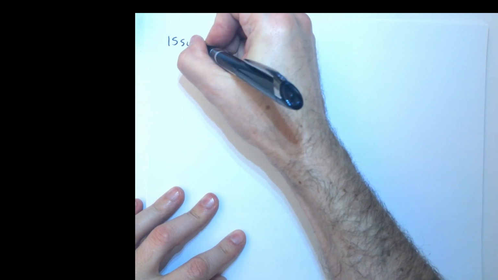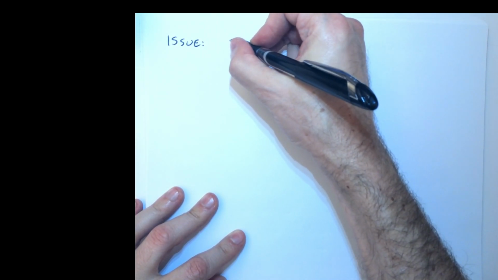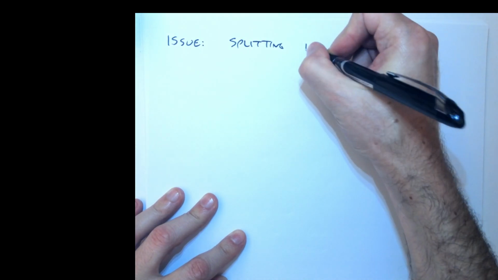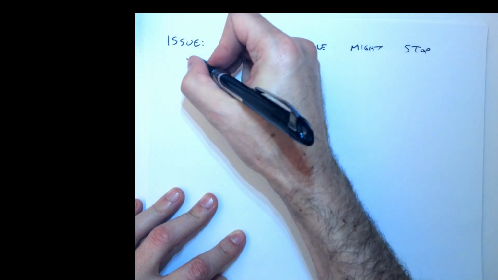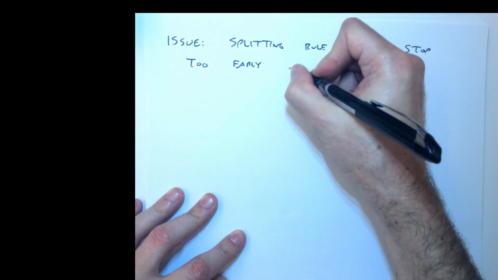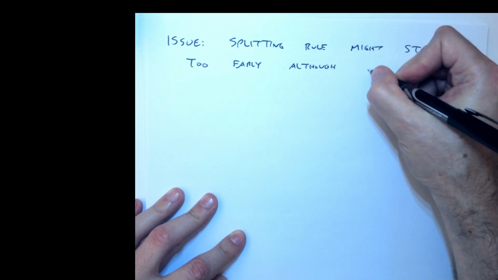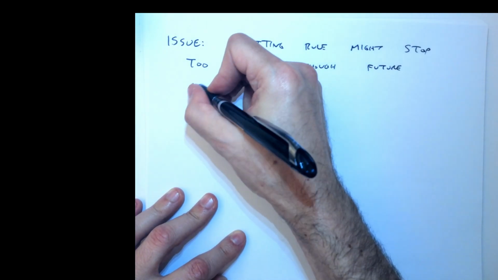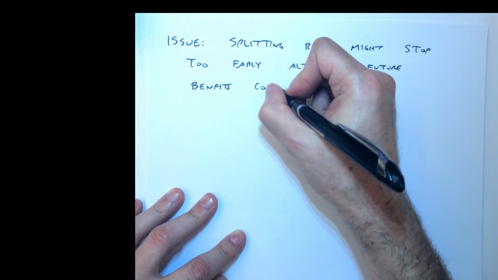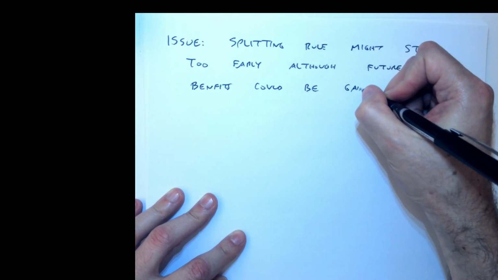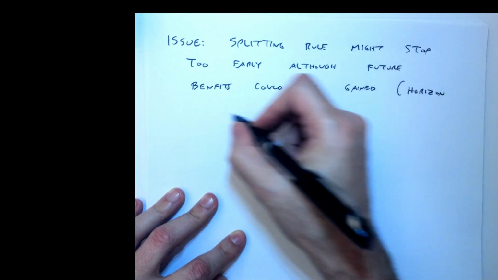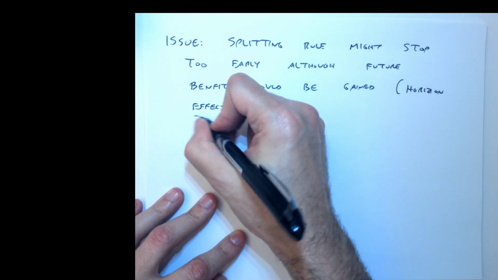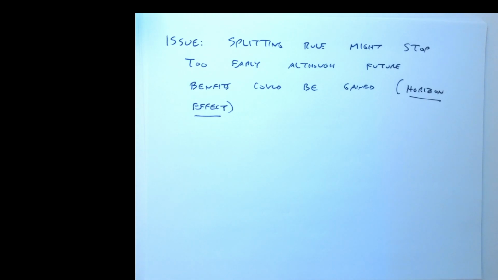So a common issue is that the splitting rule might stop too early, although future benefits could be gained. This is called the horizon effect. Since you're only really looking one step ahead, you don't know how much better it could get.